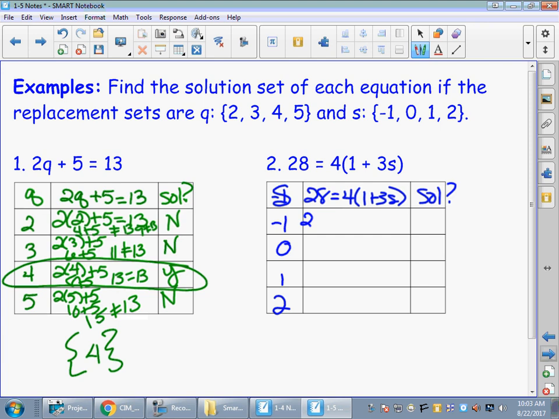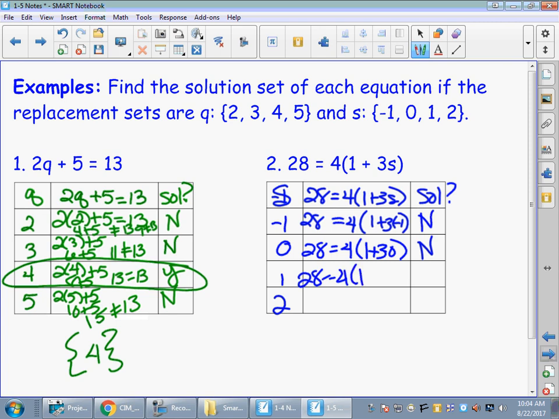So 28, does that equal 4 times the quantity 1 plus 3 times -1? When we do the math, that is not true. For 0, is 28 equal to 4 times the quantity 1 plus 3 times 0? 3 times 0 is 0, plus 1, that's not true.